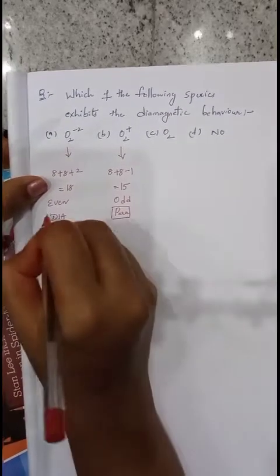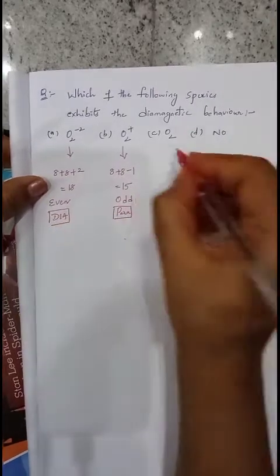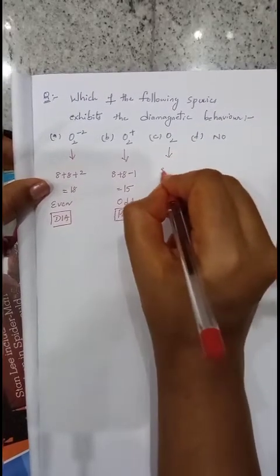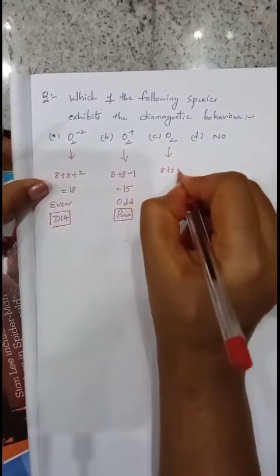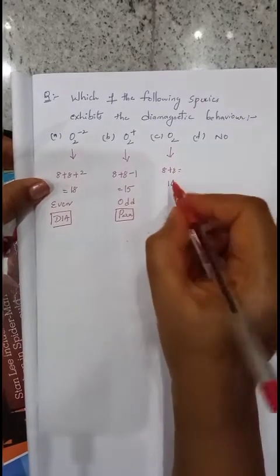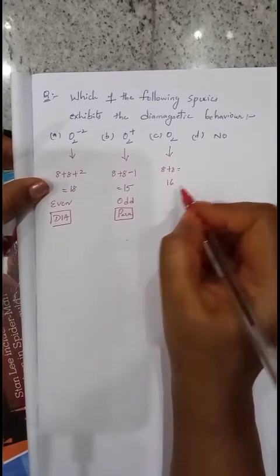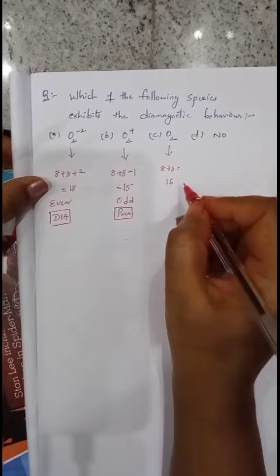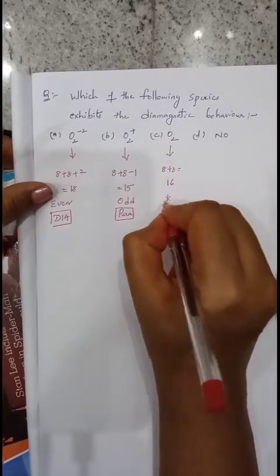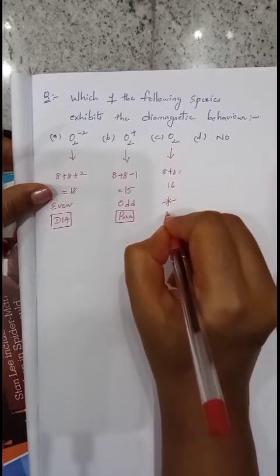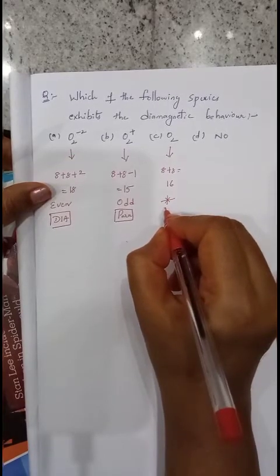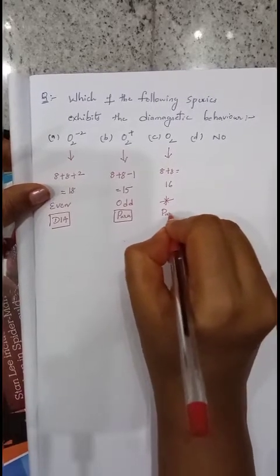This is para and this is dia. Now O2. 8 plus 8, 16 electrons. Though it is an even number, there is an exceptional case for 10 electrons and 16 electrons. So it is considered as paramagnetic. Okay, 16 electrons is considered as para.